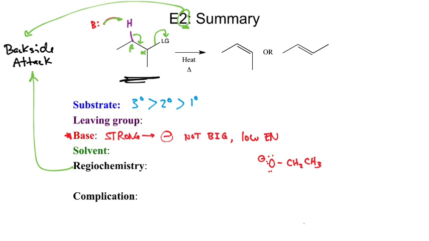If we look at this drawing up here, it's very misleading, so I'm going to redraw it. Here's our leaving group. We got a hydrogen there, we have a CH3 here. Okay, we have this carbon here, wedged hydrogen, dashed hydrogen, we have another CH3 out here.